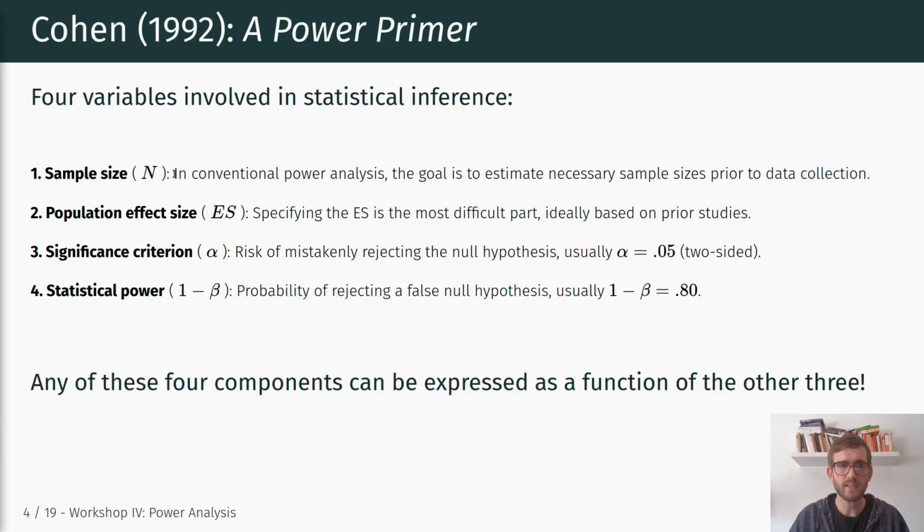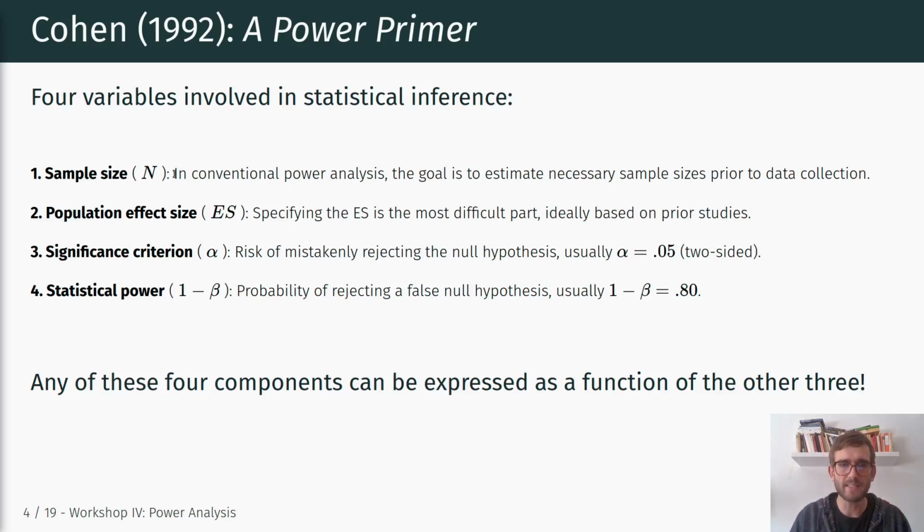So these four variables that are part of any kind of statistical inference are interconnected and they are functions of each other. And so as soon as you make assumptions about three of those components, you can express the fourth component as a function of those remaining three. So any of those components could be the goal for your power analysis, essentially, right?